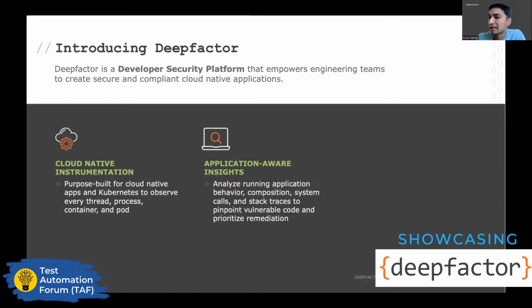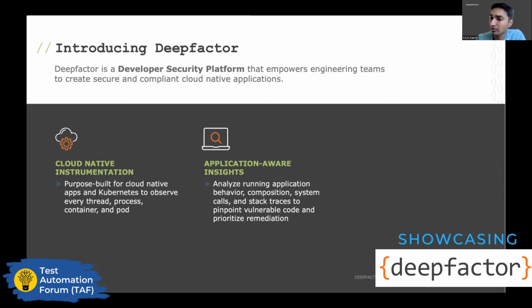And it observes more than 200 types of parameters inside each of these processes, including how the process running in your container is doing memory allocations or network behaviors or file system behaviors, and so on and so forth.